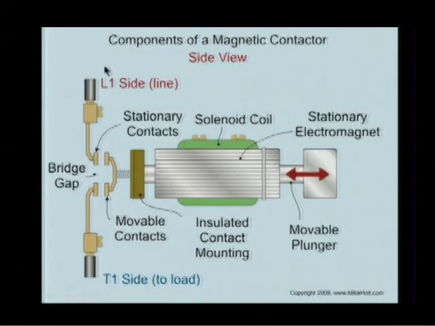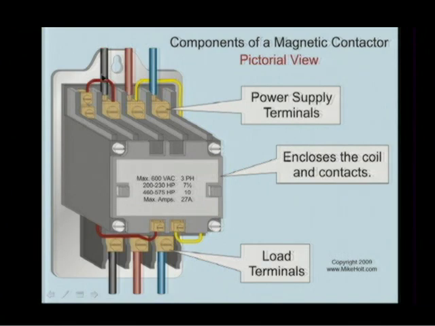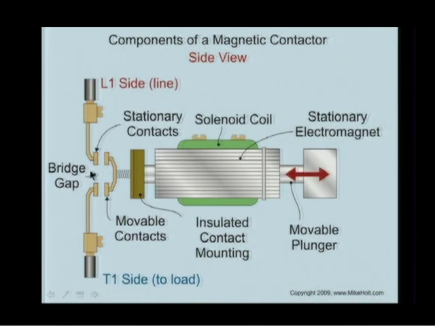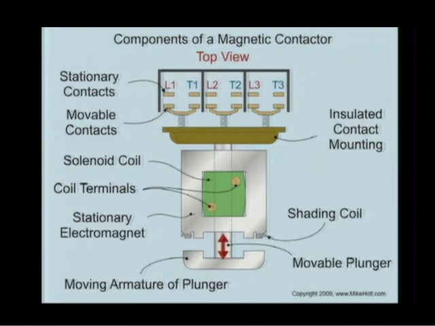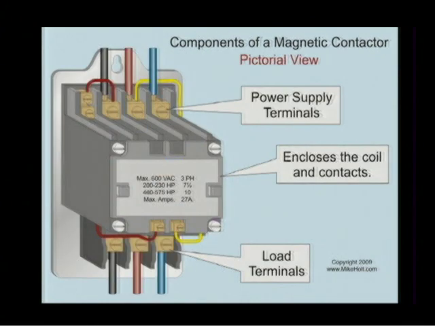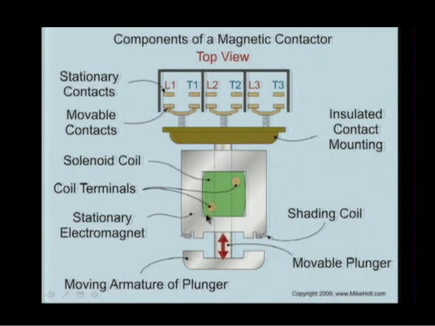So here's line 1. It's nice and black, so it comes in. Internally, it's open, and then we go to terminal loads, and that would be T1. If we energize this coil, it closes those contacts internally, and we have power. Let's take a look at it in this picture. That's the 3-phase contactor right there. Here are your coil terminals, which would be your control wires. Let's say we're 24-volt control, or 120, or 480, or 277, whatever you want it to be.